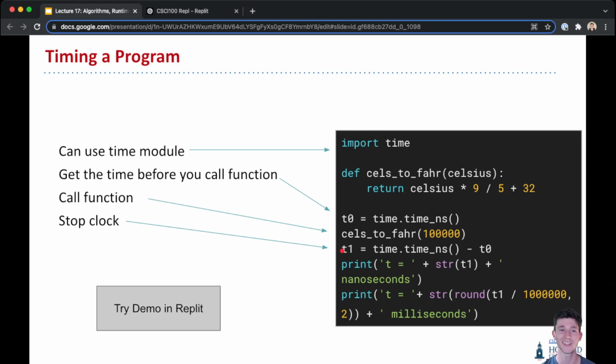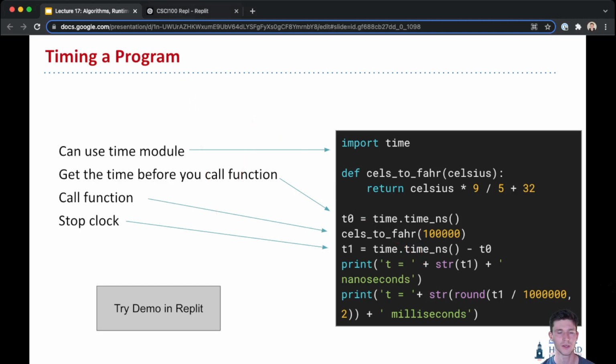So you effectively get the time after. When you subtract the time after minus the time before, you get the difference. This function, time.time_ns, gives you the current time in nanoseconds. So by looking at the difference, you can find out how many nanoseconds your program took to run.